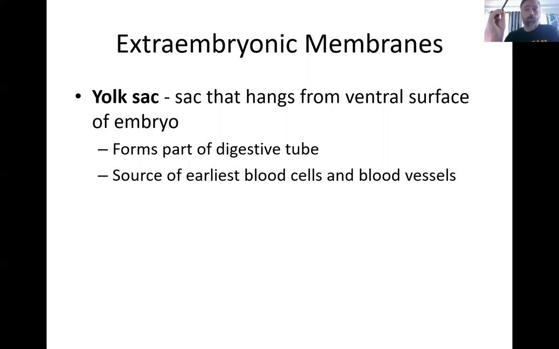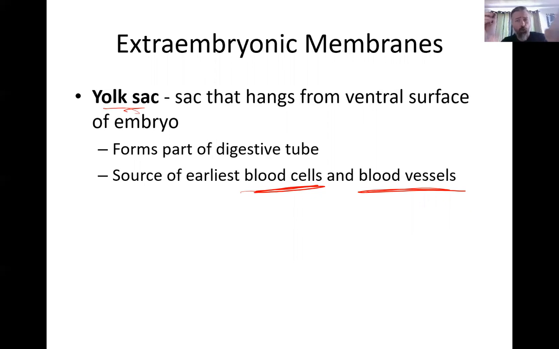The yolk sac, believe it or not, we have a yolk sac, just like a chicken egg has a yolk sac. It's not our primary source of nutrition. That's why we have a placenta and all that stuff. But it still does form a couple of important things. Early on, this yolk sac is a source of blood cells and blood vessels. So early in development, the ventral aorta, things like that, all derive from this yolk sac.